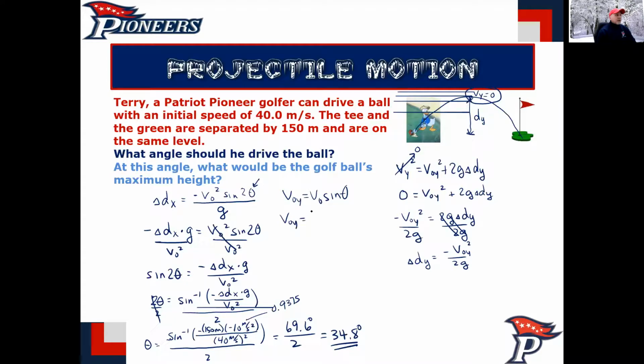So I take the initial velocity, which was 40. And now this is why I needed that angle again. Right, 40 times sine of 34.8, which is 22.8.